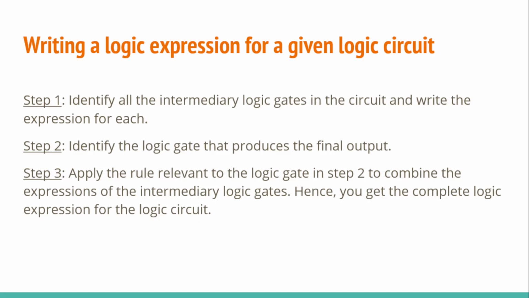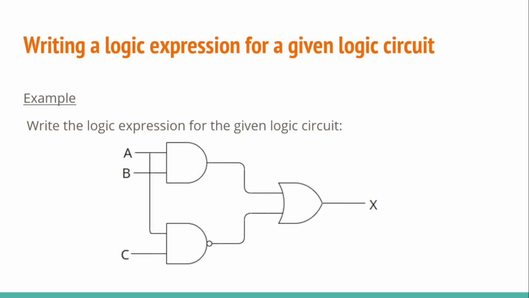Identify the logic gate that produces the final output. And the last step is to apply the rule relevant to the logic gate in step 2 to combine the expressions of the intermediary logic gates. Hence, you get the complete logic expression for the logic circuit. Let's take an example.